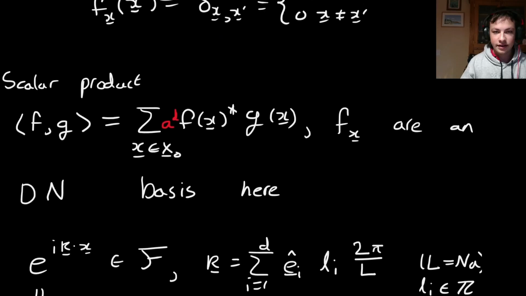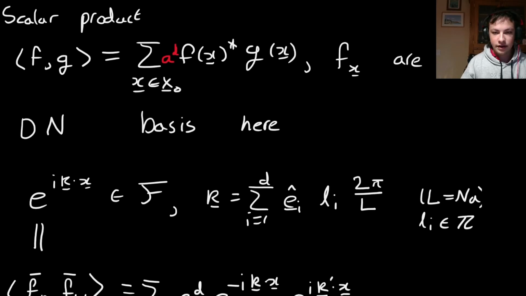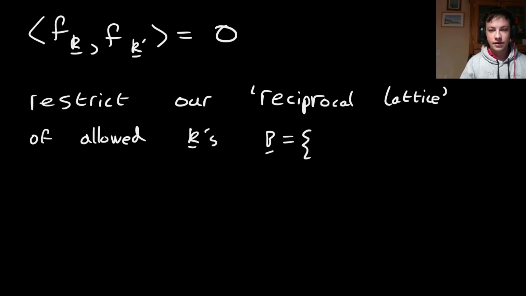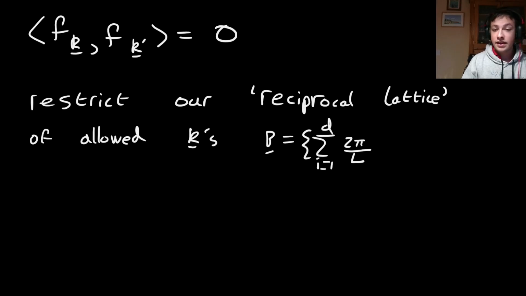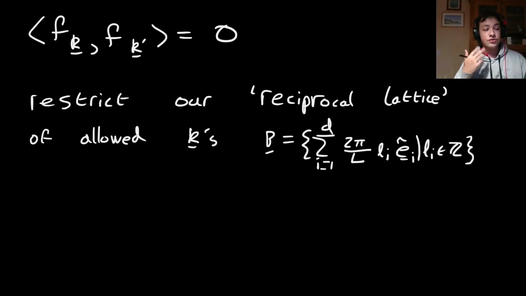Here, where we've got the sum over i equals 1 to d of 2 pi over L, l_i e_i, where l_i is an integer. Well, we can restrict that sum to say our basis doesn't take every k in B, it just takes a fundamental box of B, just like we had with x.